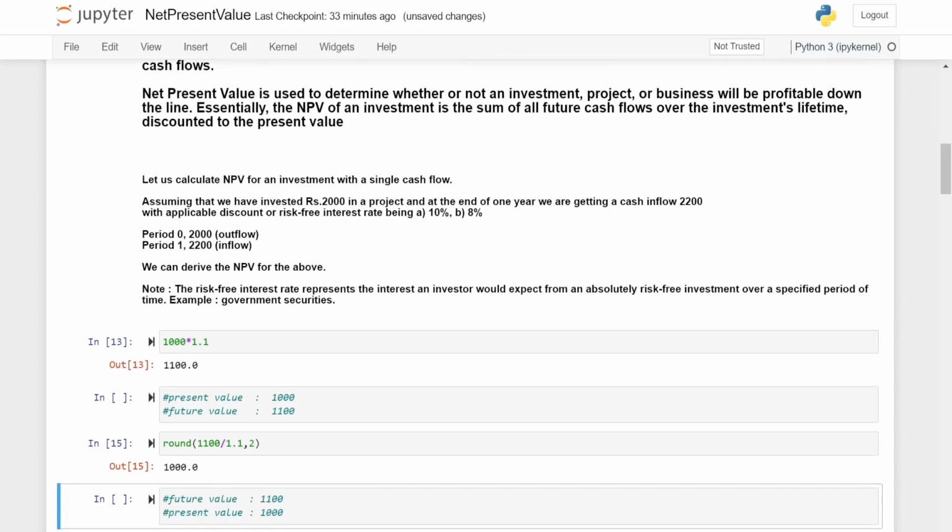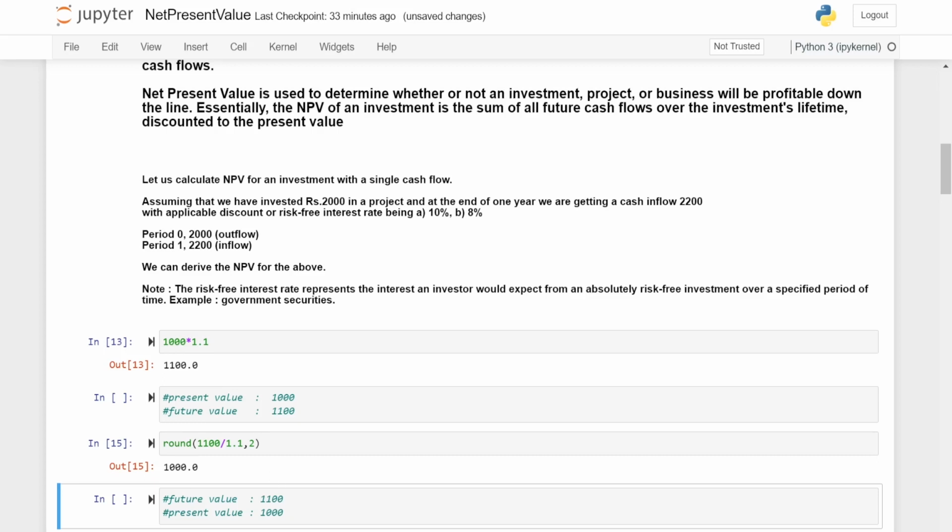So now what happened? The future value was 1100 and we derived the present value, that is 1000. And we have to understand here the concept of time value of money. It is very clear that 1000 rupees which we have today is going to be worth more as compared to the same amount 1 year down the line.